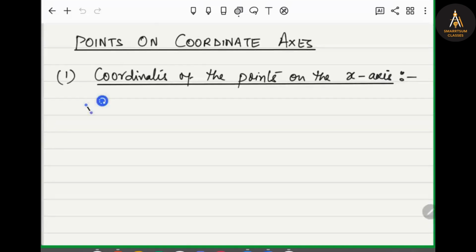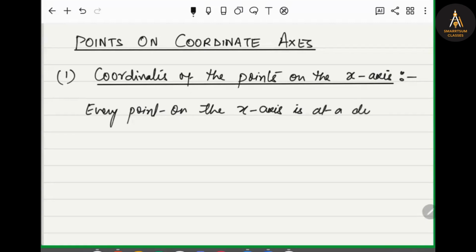Write down: every point on the x-axis is at a distance of 0 unit from the x-axis. Because if it is on the x-axis, then what will its distance from the x-axis be? It will be 0. What does it mean?